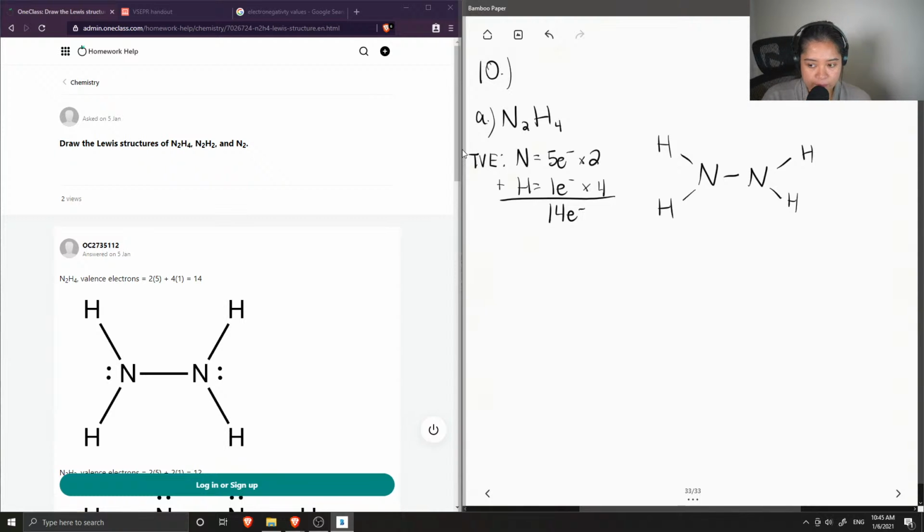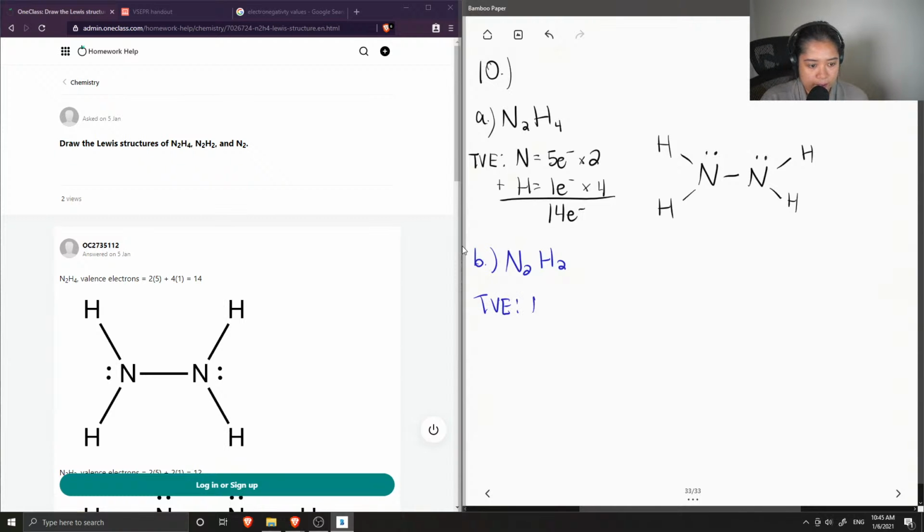So for the remaining 4 electrons, I'm going to add lone pairs on the 2 nitrogen atoms. Okay, so this is the Lewis structure of N2H4. So now for N2H2.